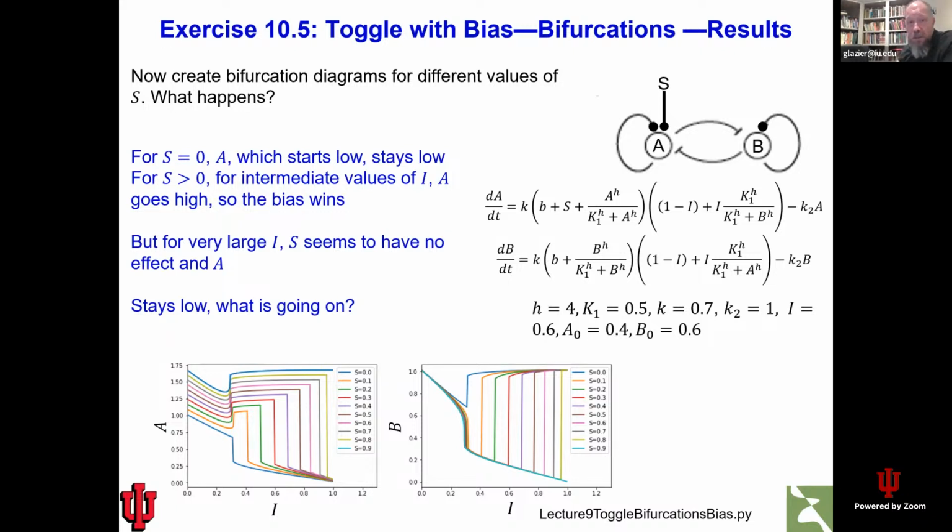But the interest here is that if you turn S on and the inhibition is weak, the S dominates. If you make the inhibition strong, then the S has less of an effect. And so see if you can get, you don't have to be able to replicate all of those, but just see if you can get one of those to work for one set of parameters. Pick something like S equals 0.5.